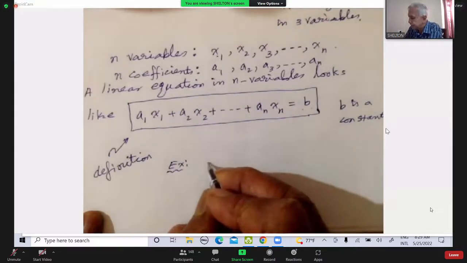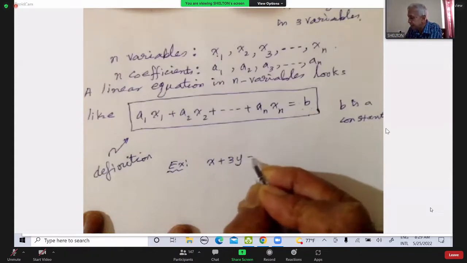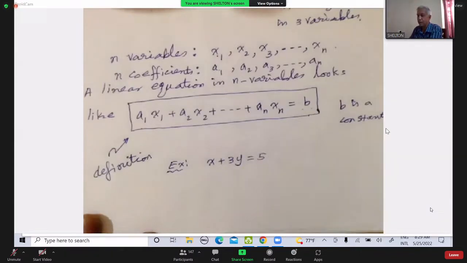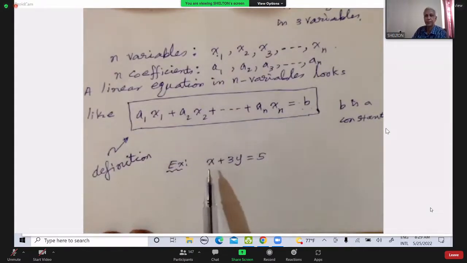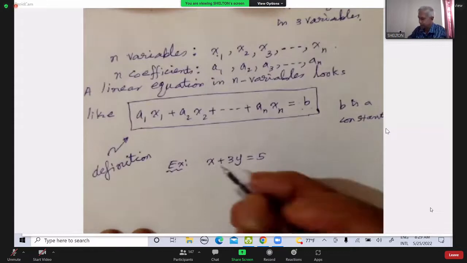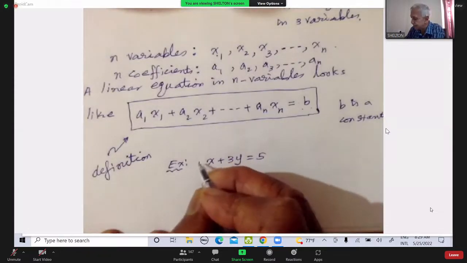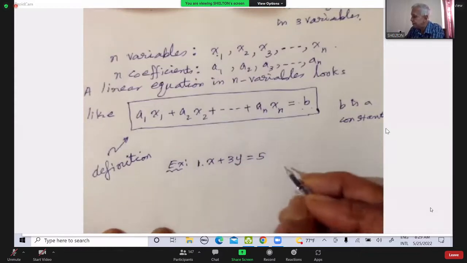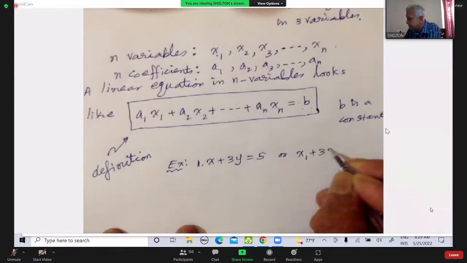Something like x plus 3y equals 5. Now you say you wrote x1, x2, xn, and now you are using x and y. The same equation can be thought of as x1 plus 3x2 equals 5.